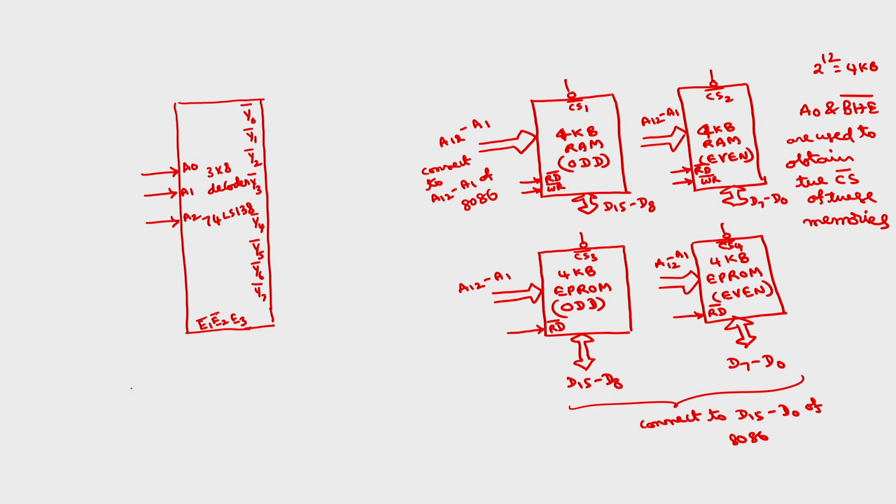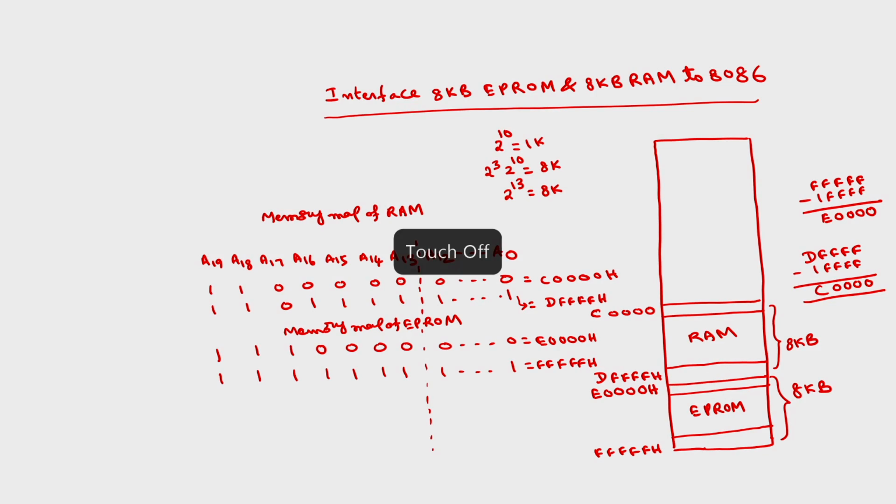So, to drive E1 bar, E2 bar, E3 and the inputs A2, A1, A0, you have to use the memory map. In case of RAM, A17 will be 0 always, whereas for EPROM A17 is 1. Okay.